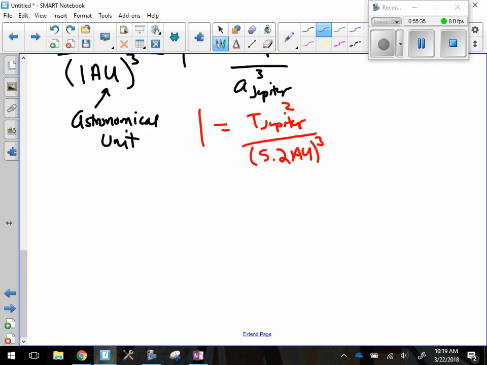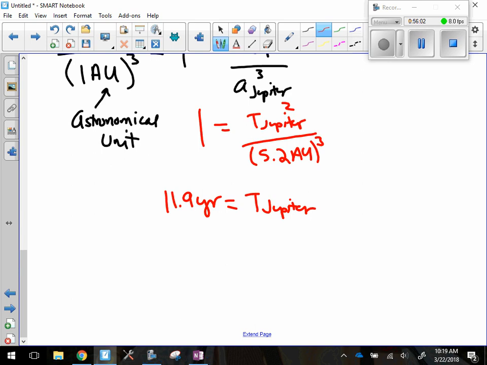So can you tell me how long it takes Jupiter to go around the sun? That sounds about right. You take 5.2 cubed and then you take the square root.